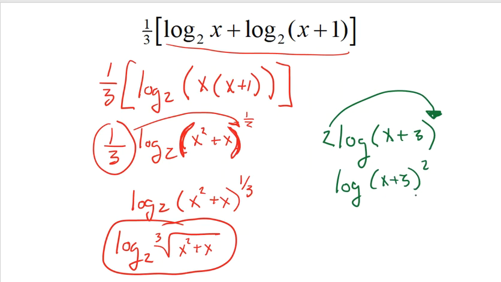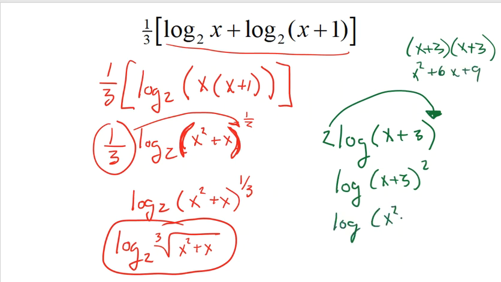Now, I like this answer, but if you wanted to, you could do x plus 3 times x plus 3. That's x plus 3 squared, which is x squared plus 6x plus 9. You could do that if you really wanted to. I would accept that as a full answer. But some kids just rush in. They put on the 2, they put on the 3, they say x squared, they say 9. No, you're forgetting about the 6x. It's x plus 3 quantity squared. It goes on the entire thing, which is x plus 3 times x plus 3. So just be careful. I do see that mistake happen a lot.